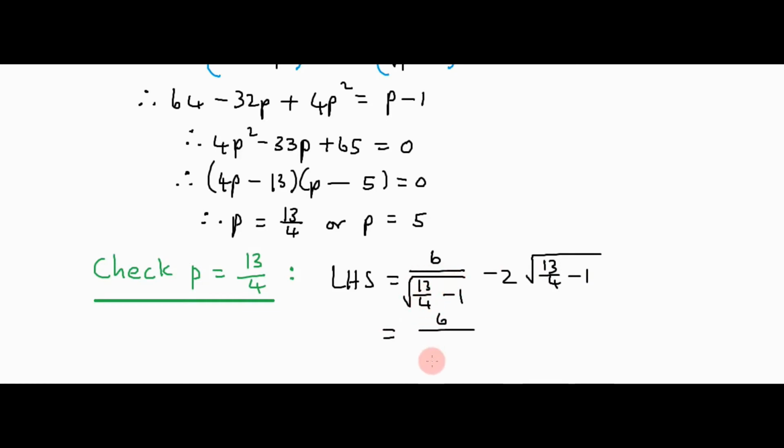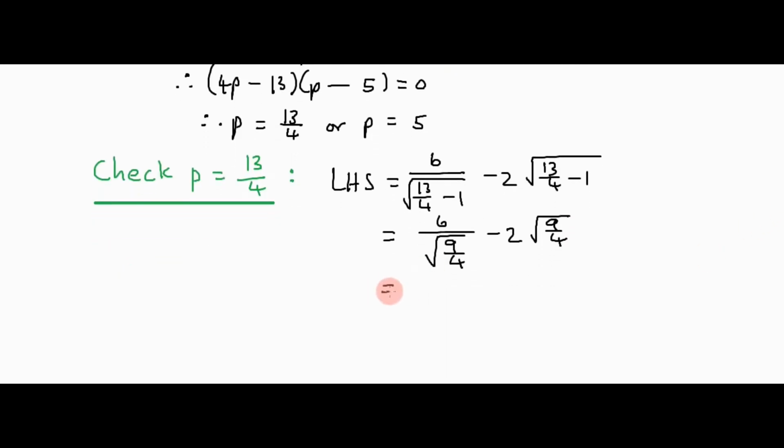Here in the denominator we're going to get the square root of 9 over 4. And here as well. And the square root of 9 over 4 is 3 over 2. So we're left with 6 times 2 over 3 minus twice 3 over 2.